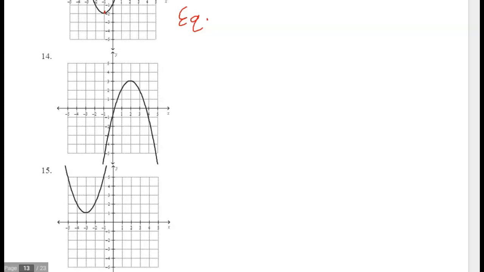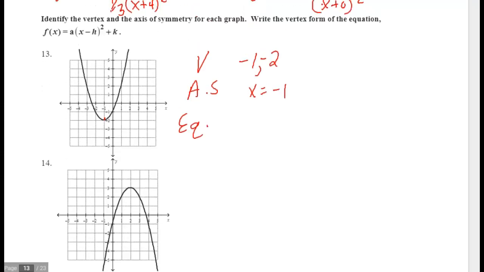If we think about our basic parent function of x squared, it's 0, 0, 1, 1, and then 2, 4. So that's kind of the pattern you're looking for. It goes down by 1, and then down by 4 compared to that original one. So same thing here. There is no stretch or compression.